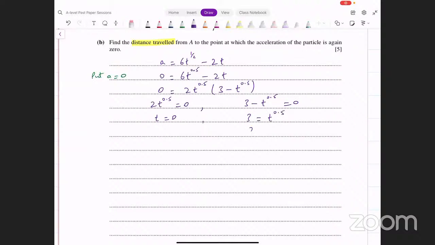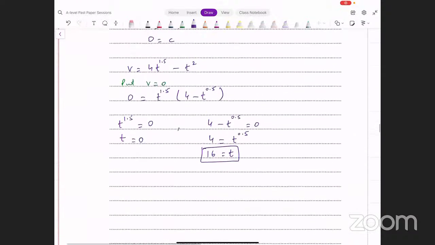We square both sides, and that gives us t equals 9. This is the point where the acceleration is again going to be 0. अब आपको क्या करना है? आपको distance traveled find करना है until this point. Distance traveled find करना है from time equals 0 to time equals 9. How do you find distance traveled? We already found the velocity equation before.